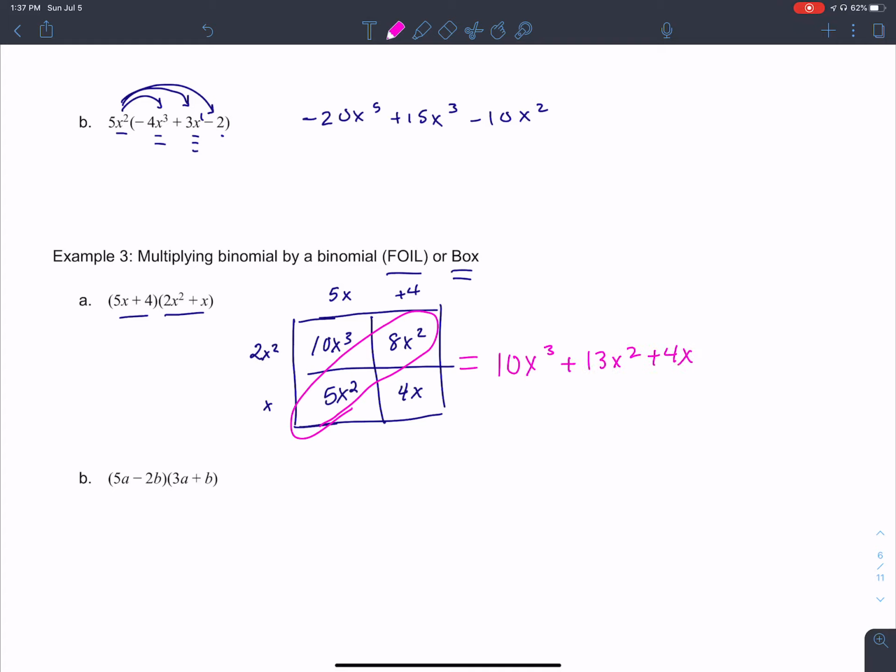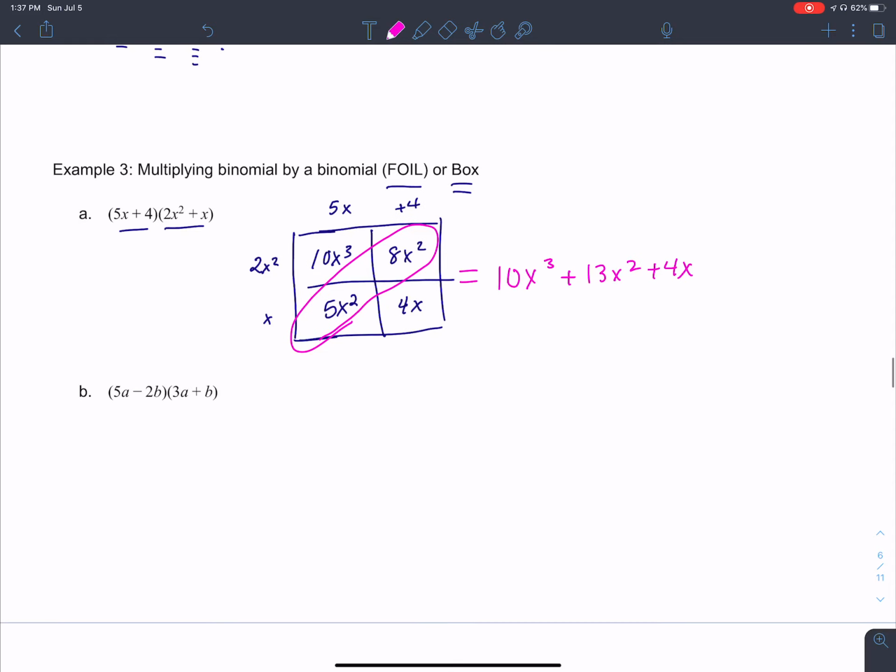The only reason I teach it this way is because it keeps everything together, and you don't have to remember whether you did your first, your outside, your inside, or your last. Okay? All right, let's do another one. It's especially helpful when we have two different variables. So 5a and negative 2b, and 3a and b.